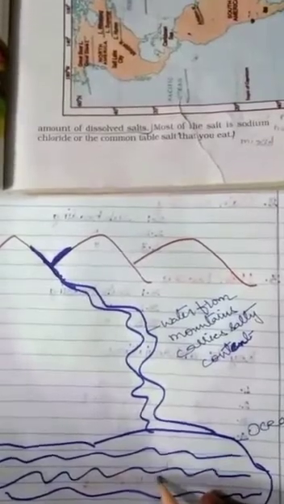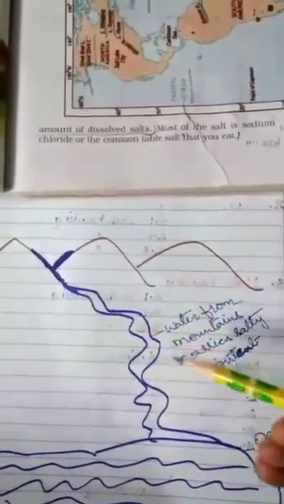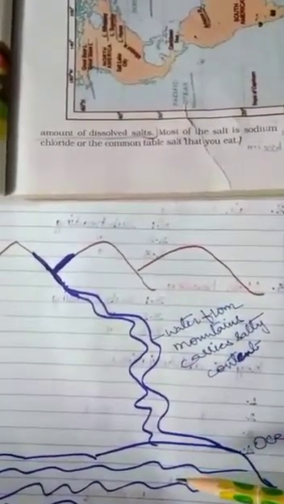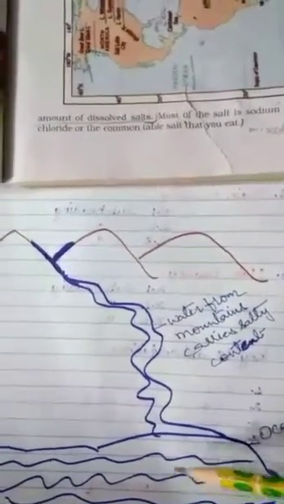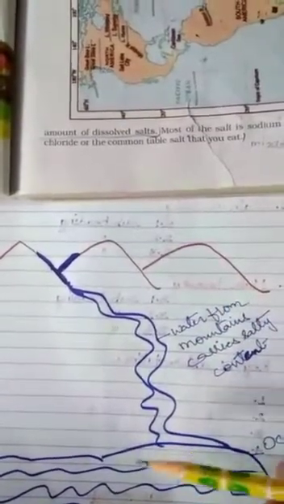This way the salt is carried through streams and rivers and finally to the sea. And when evaporation takes place, only the water from the ocean gets evaporated, leaving the salt behind.